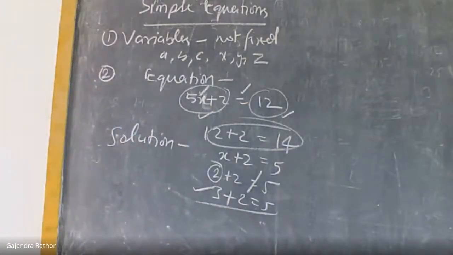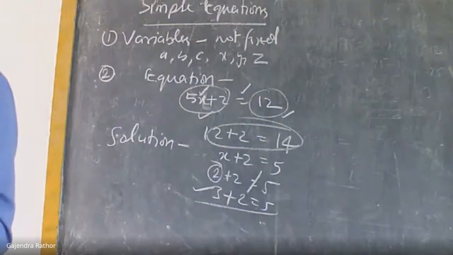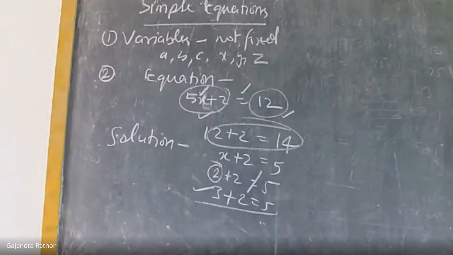So I hope all of you understood the variables, equations and solution. Up to this step, if anybody has a doubt, kindly ask me. Vani, what is your doubt? Ask Vani.